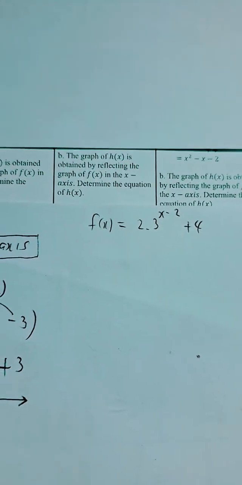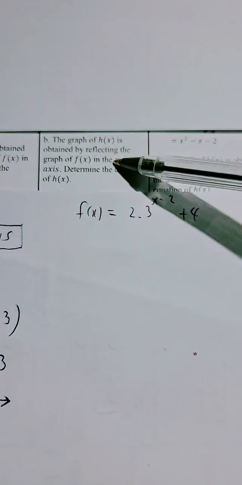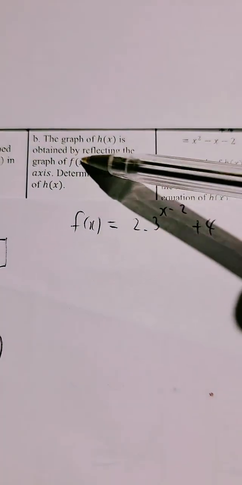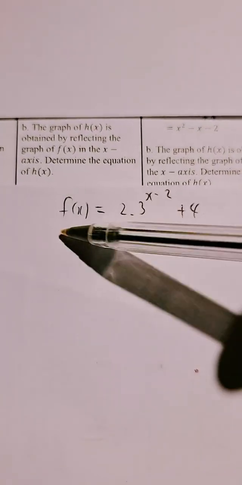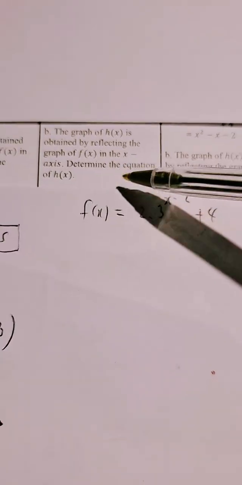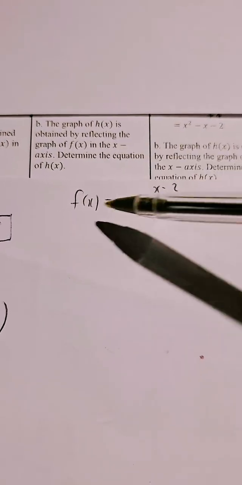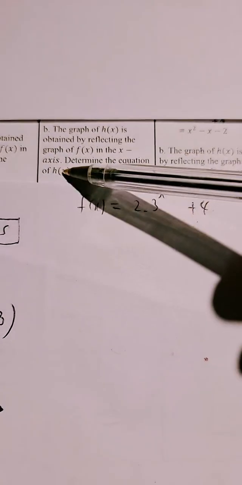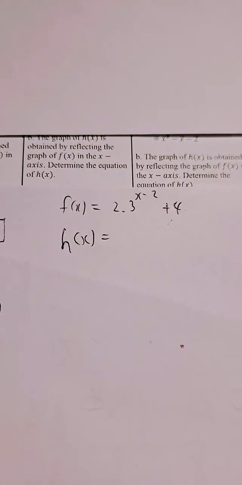Okay, f of x. So here we are saying the graph of h of x is obtained by reflecting the graph of f of x, meaning our exponential function here, in the x-axis. Determine the equation of h of x. So once again, h of x is a new function. Reflecting in the x-axis means what?